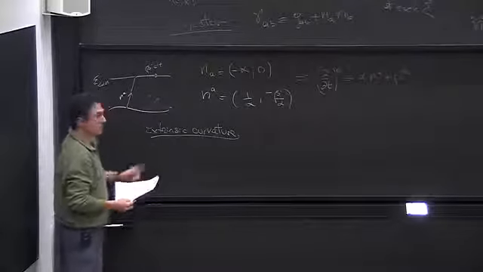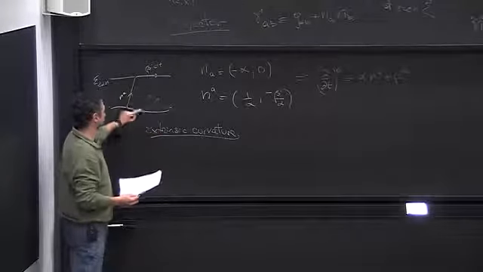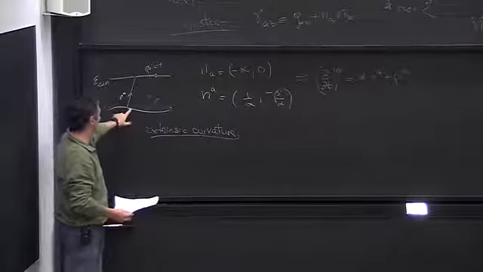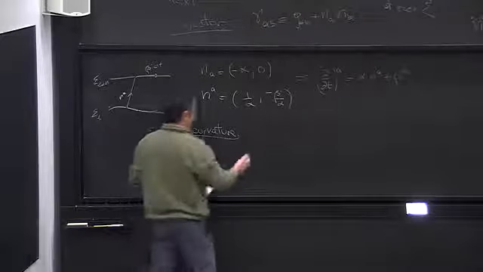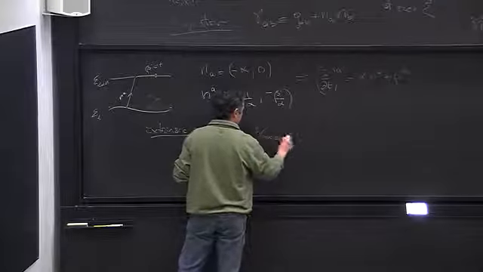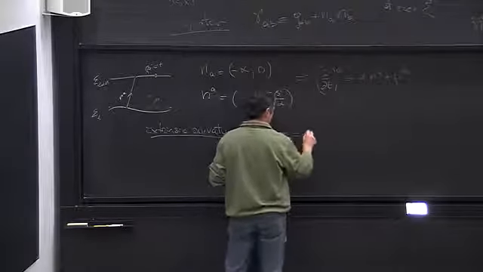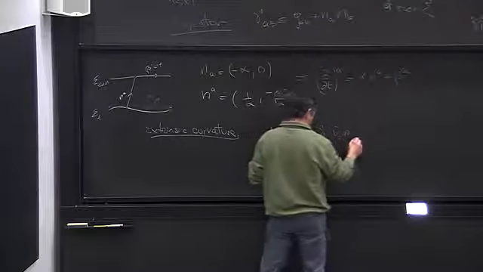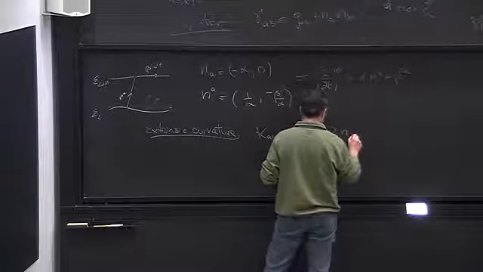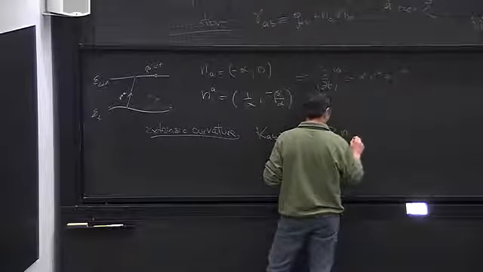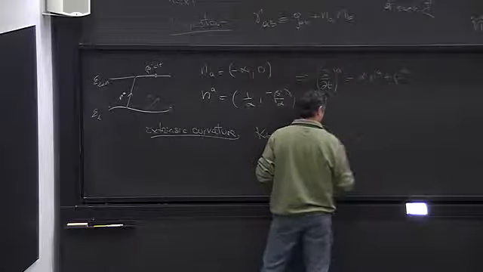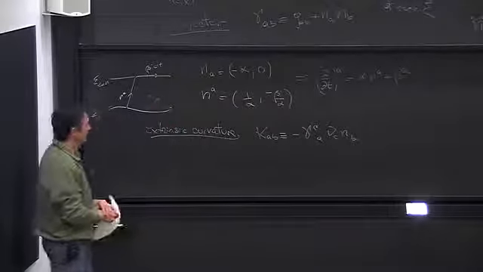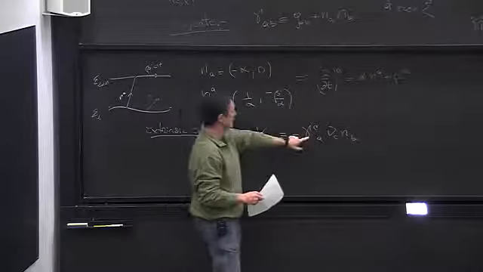So the extrinsic curvature will be measuring precisely how this hypersurface is curved in the embedding spacetime. So we define this extrinsic curvature to be, and notice we've made use of gamma.